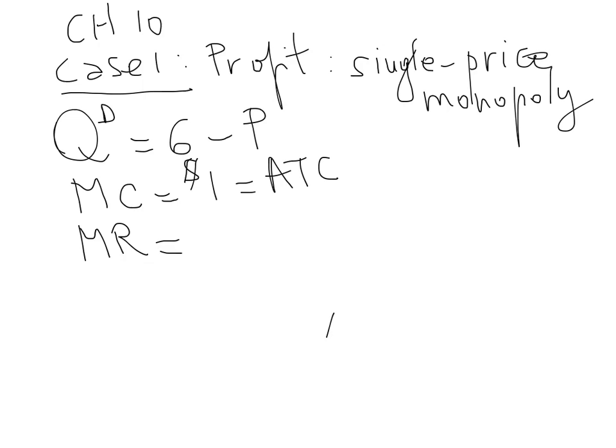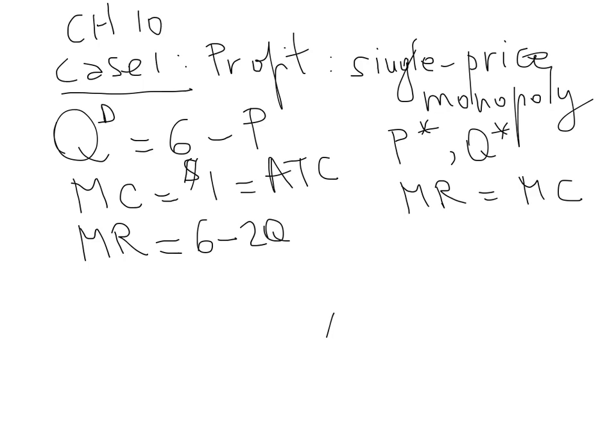Marginal revenue equals 6 minus 2Q. So now from what we've learned so far, to find the optimal quantity and optimal price, which is P star, Q star, we have to use the rule for profit maximization, which is marginal revenue equals marginal cost.